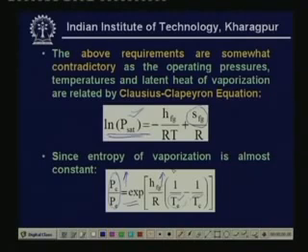That means if you want a refrigerant with high latent heat of vaporization, the penalty you have to pay is a high compression ratio, or high pressure ratio. And a high pressure ratio, as you know, leads to lower volumetric efficiency and lower volumetric capacity. On the other hand, if you want a very low pressure ratio, then the latent heat of vaporization will be low.